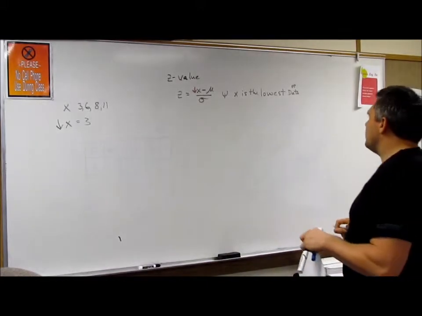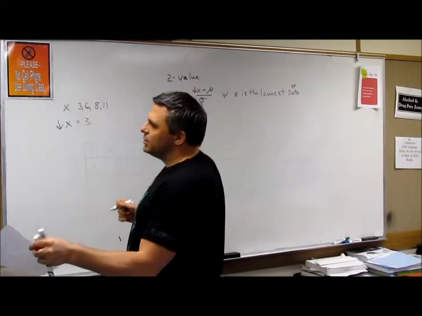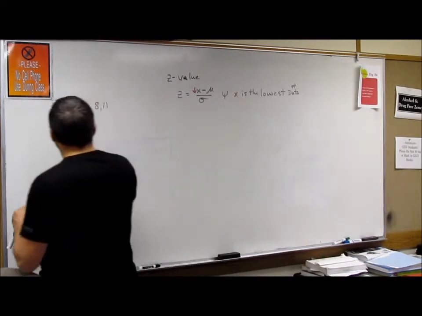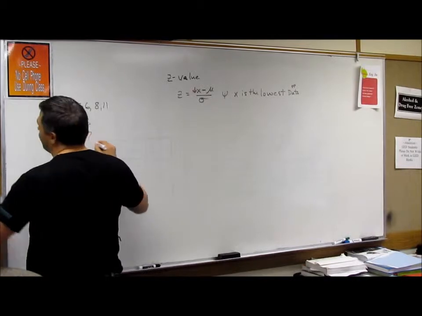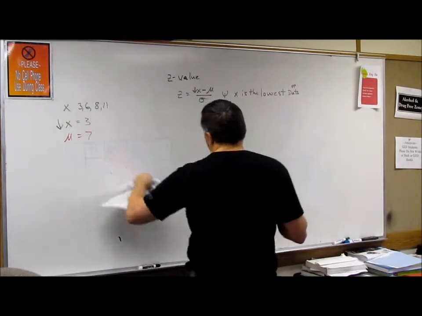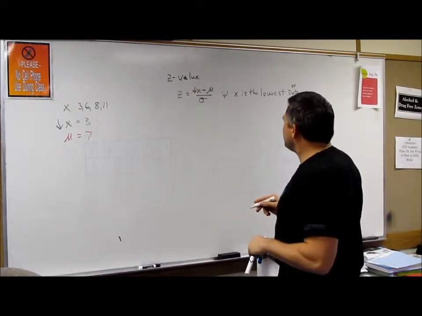And mu is 4. And our mu isn't 4. Is it 1? Mu was 7, remember? Oh, okay, so mu we found to be 7.